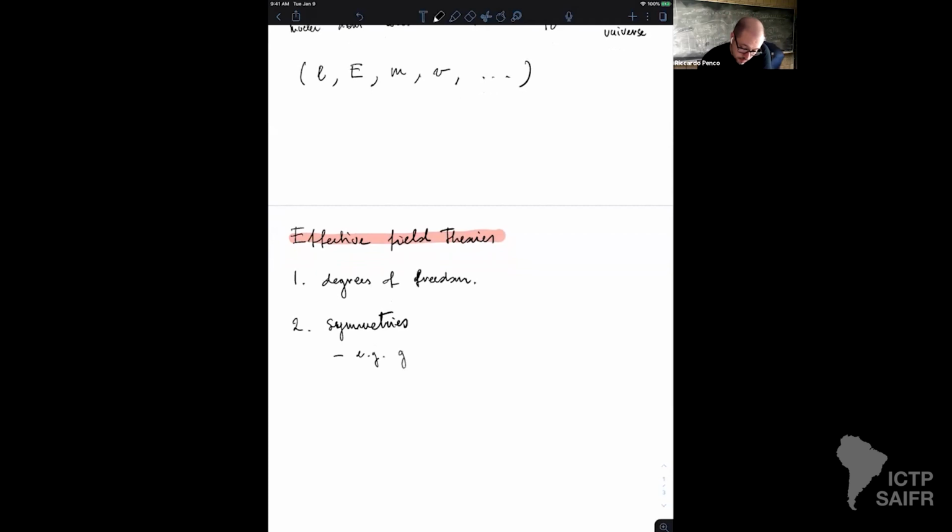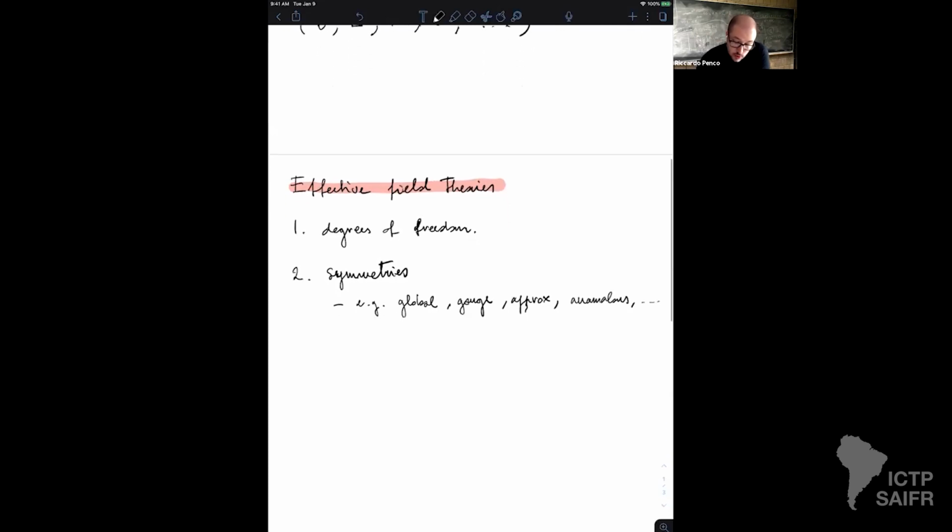They can be global, they can be gauge symmetries. Some of them might just be approximate. We said they can be spontaneously broken. Some of them might be broken by quantum effects, which might be anomalous, and so on and so forth. And we'll encounter all of these in due time.